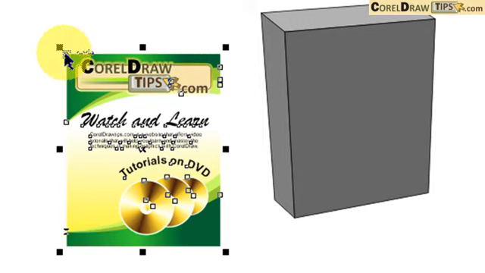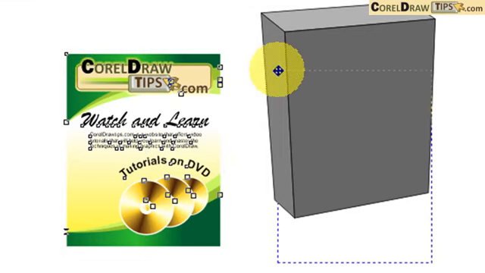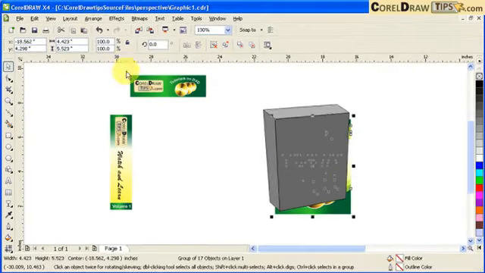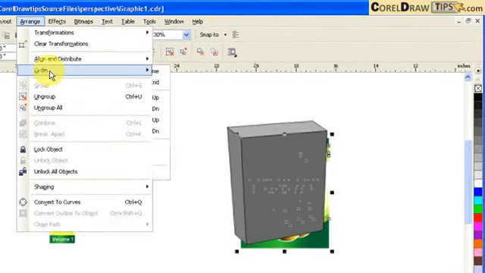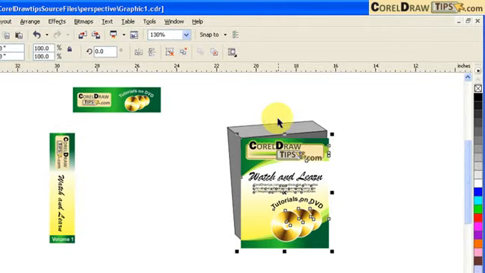So I'm going to click on this node here, which is the edge, and move it over here. See, it snaps to this corner. Then I go to Arrange, Order, To Front of Page, or Shift Page Up.